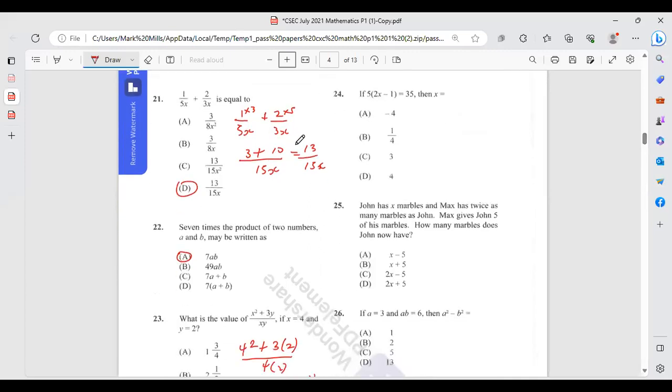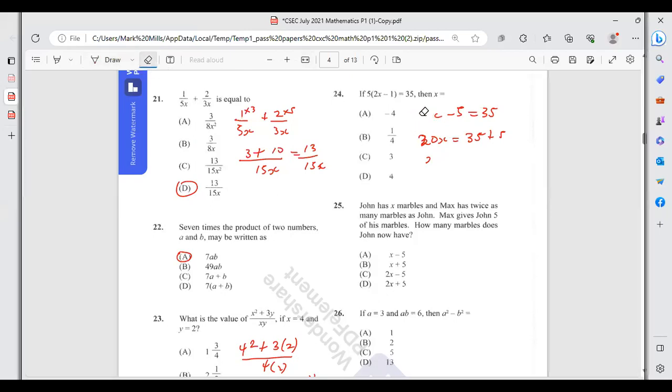Number 24. How will I do 24? Sorry, I got 5 times 2x, equal to 10x minus 5 times 1, equal to 5, equal to 35. So leave the 10x. Sorry, that would have been 10x equal to 40.